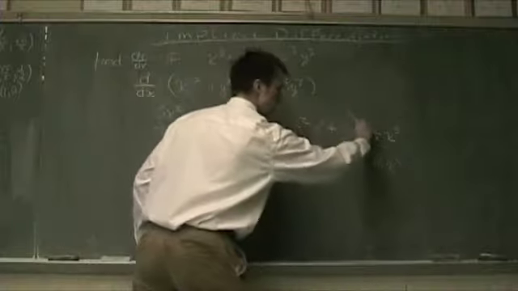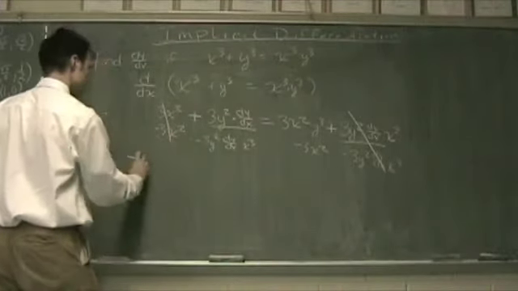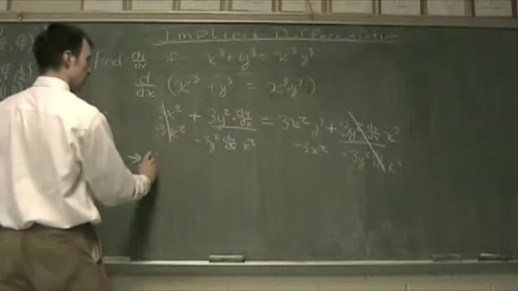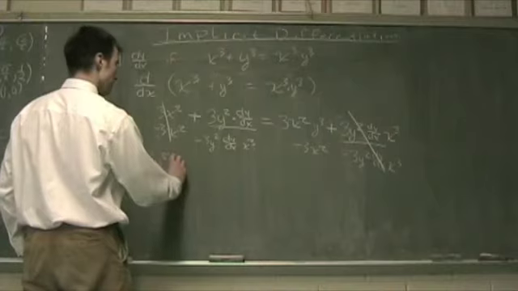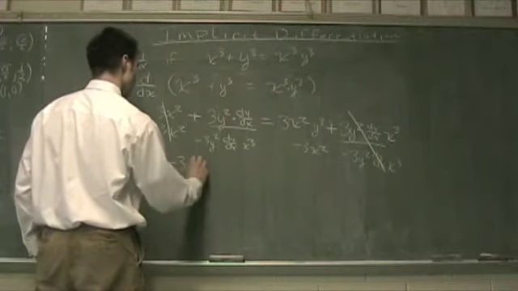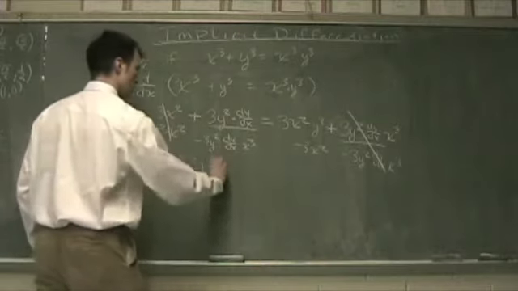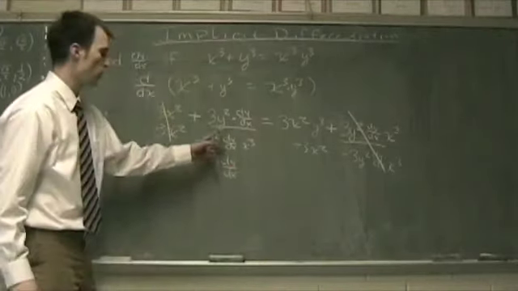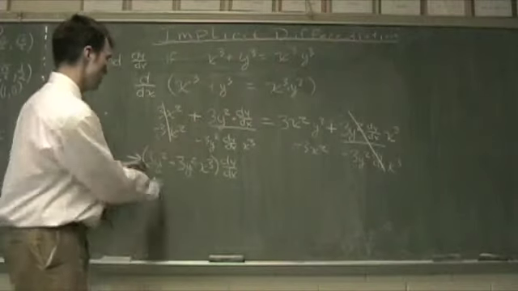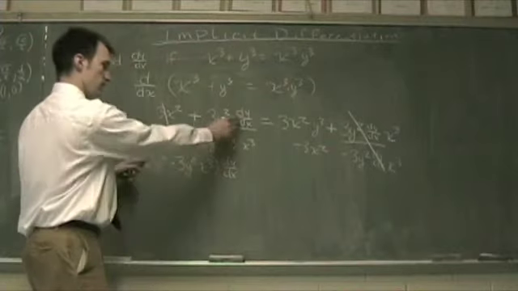Okay, so this cancels here, and to rewrite, what I now have is 3y squared minus 3y squared x cubed times dy over dx. And there's me just reorganizing. Okay, here's my positive 3y squared, times the dy/dx, great.